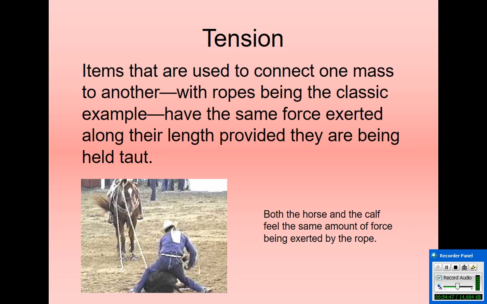The second trick is that the direction of the tension force is in the direction of the rope where it attaches to the object. So you see a picture here of a horse and a calf being roped together.